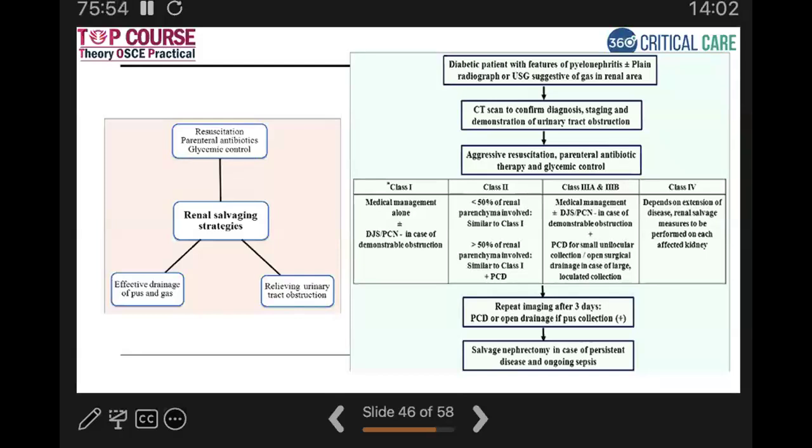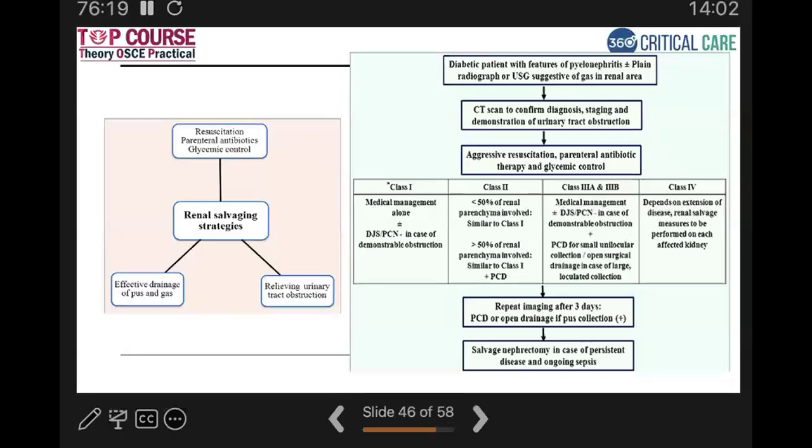But when it comes to class 4, the entire kidney has turned into a gas ball. There is no use retaining the kidney, and keeping a grossly damaged kidney or part of it is going to complicate with necrosis and secondary infections. In such cases, you may have to subject the patient to nephrectomy.